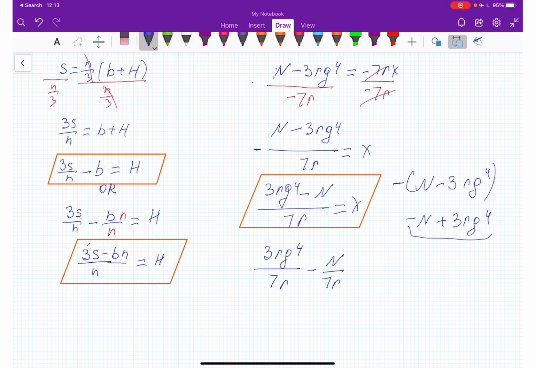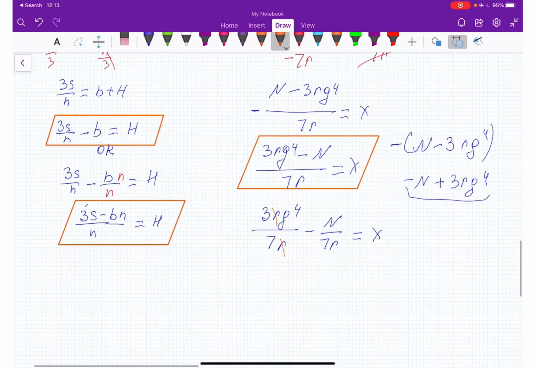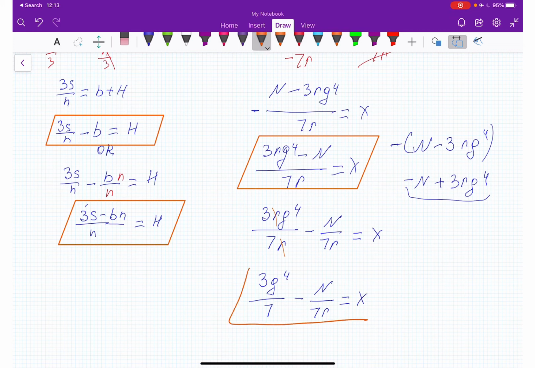I separated using the common denominator. Now I can cancel this r with this r, and I will get 3g to power 4 over 7 minus n over 7r is equal to x. This will be my next format of the answer.